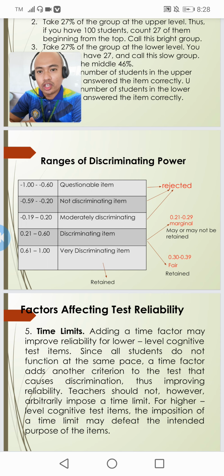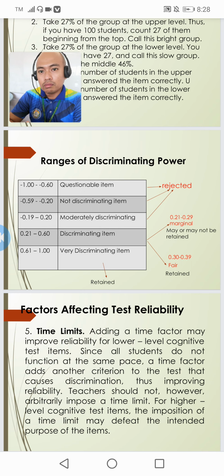Magkakaroon tayo kasi ng rejection, retention, okay? Or revision of items in this case. So dito tayo magde-decide, will I revise the item? Will I retain the item? Or will I immediately reject the item basing from the index presented of that particular item?